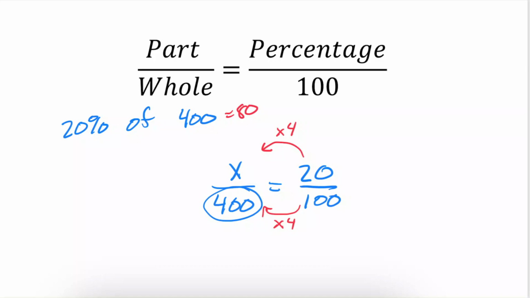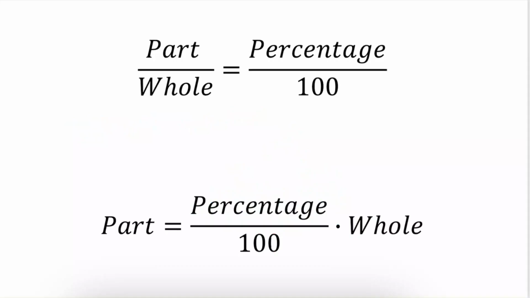So that's one way that you can solve percentage problems, and when I was growing up, this was the only way I solved them. But there's also another way that a lot of people use. That is basically to take this set of fractions and multiply both sides by the whole. And you'll say that the part equals whatever your percentage is, written as a decimal, times the whole. These two equations mean the exact same thing, they're just written a little bit differently.